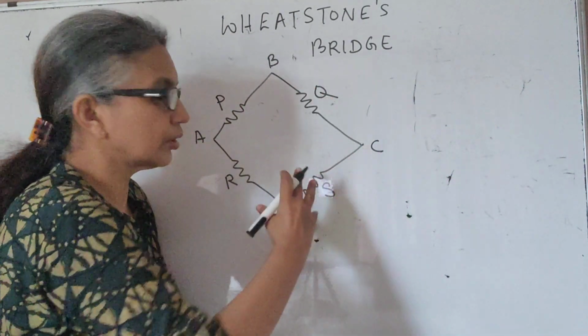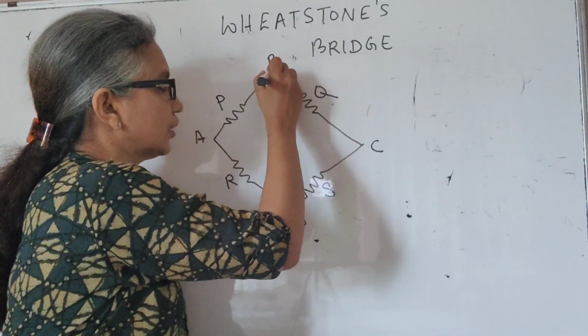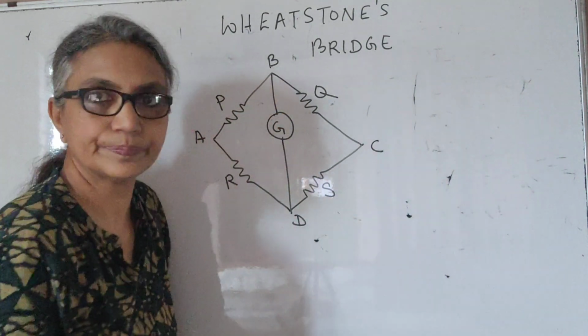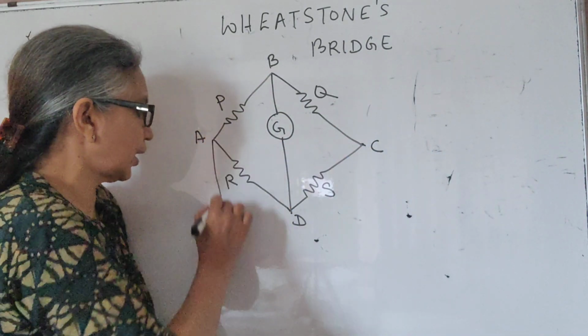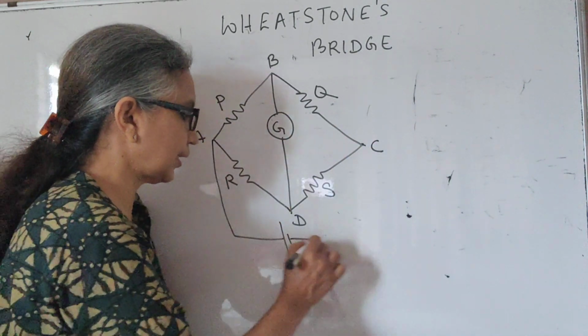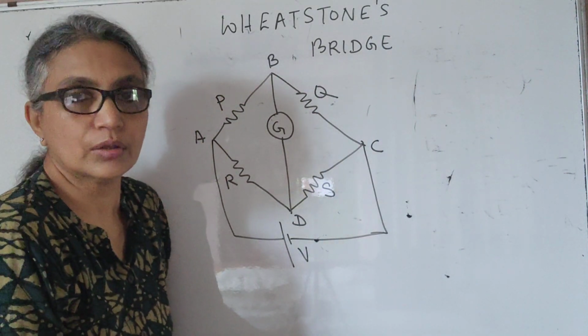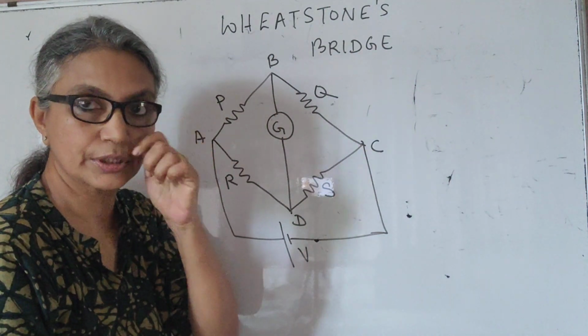We have placed them along the arms of a quadrilateral. Between the two diagonally opposite ends, that is B and D, we'll connect a galvanometer. And between these two diagonally opposite points, that is A and C, we'll connect a cell of voltage V. So this arrangement is what you call a Wheatstone's bridge.